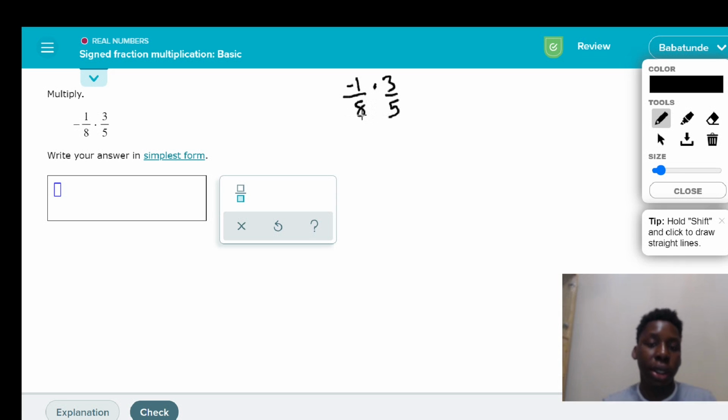So let's take a look at 8 and minus 1. What number do you think can divide 8 that can also divide minus 1? I'm not sure there's any number, right? 8 is a positive and this is a negative, so there's nothing common between them.